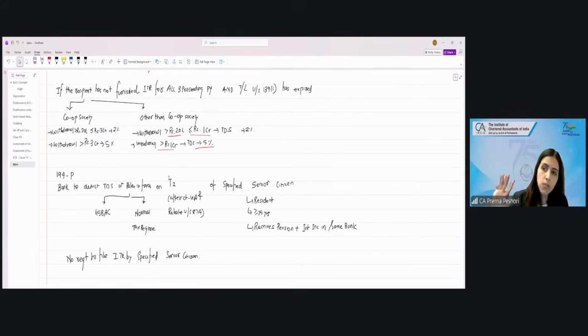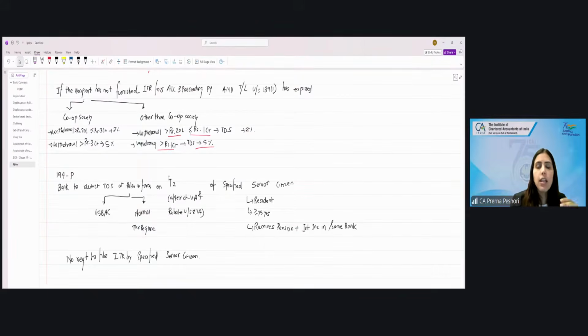And he just receives the interest income, he doesn't have any other income. And he's more than 75 years of age, greater than or equal to 75 years. Then the bank is to deduct the TDS on the total income after considering Chapter VI-A and the rebate under 87A of the specified senior citizen.